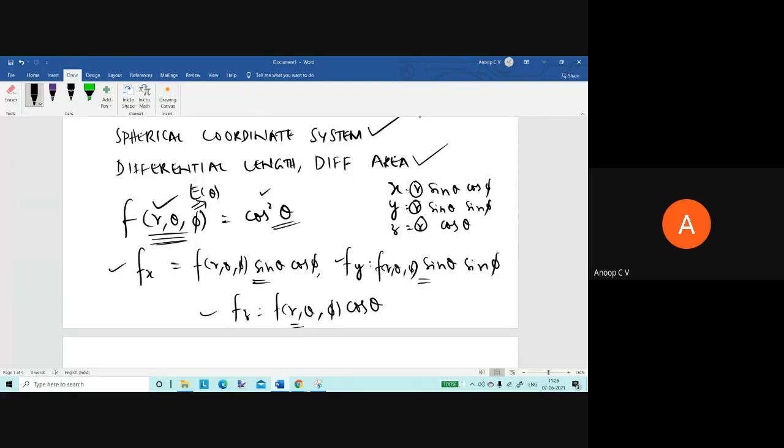And instead of theta and phi, I'll be using the parameters t and v. I'll consider t from 0 to pi, v from 0 to 2 pi. Even if you don't understand this, it's not a problem. If you have any doubt, you can ask me personally, or now if you have.